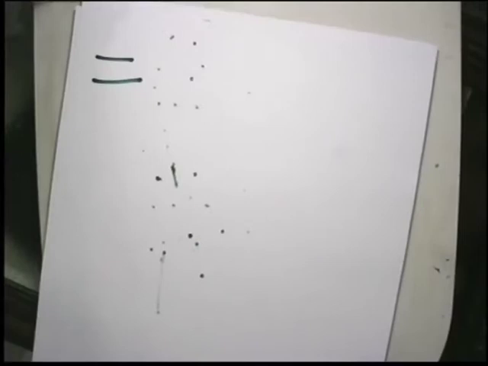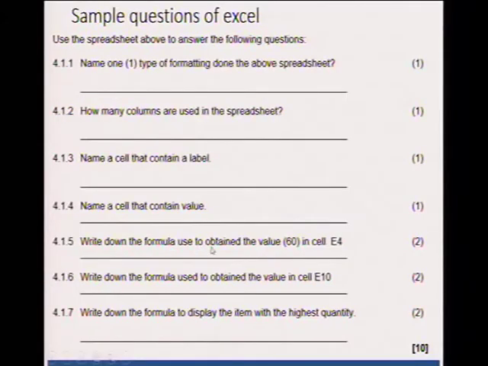Let's take this example here. Question 4.1.5: Write down the formula used to obtain the value 60 in cell E4. I want you to tell me the formula that is in cell E4. What do you do here?